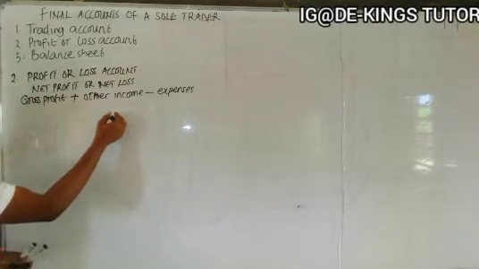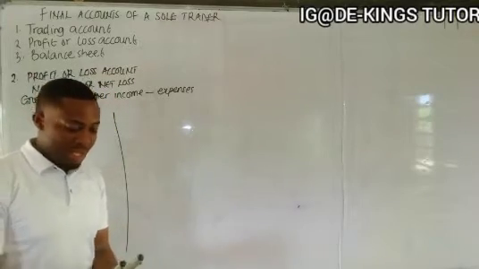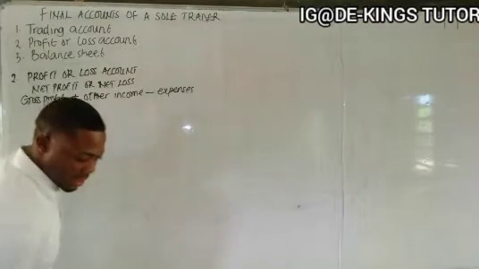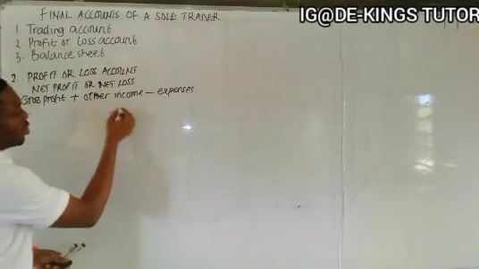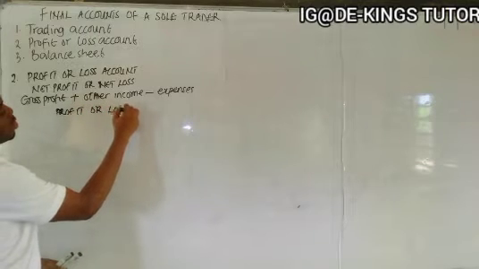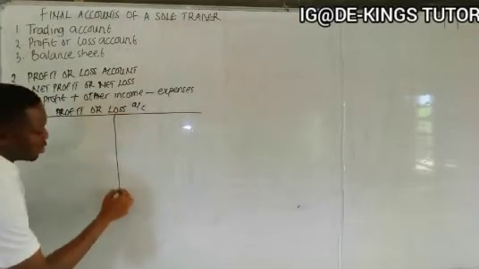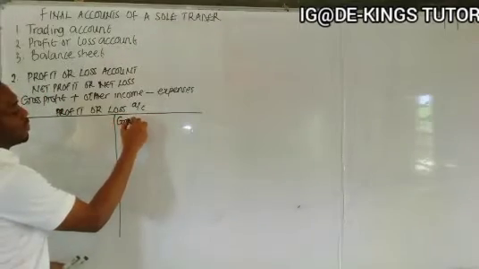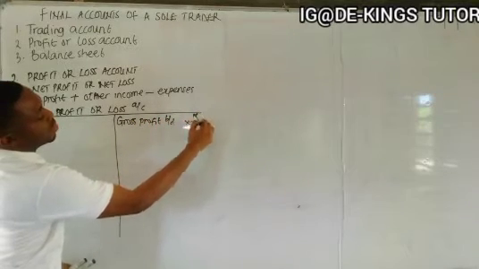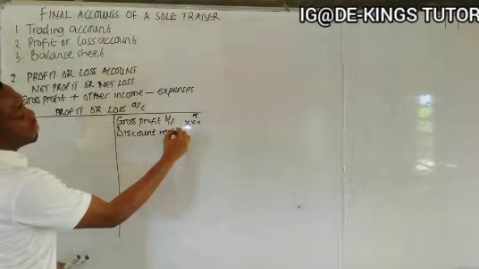Though most times it is added together with the trading account. Now, for instance, we have this as our profit or loss account. It means we have gross profit brought down. Other income can be discount received.